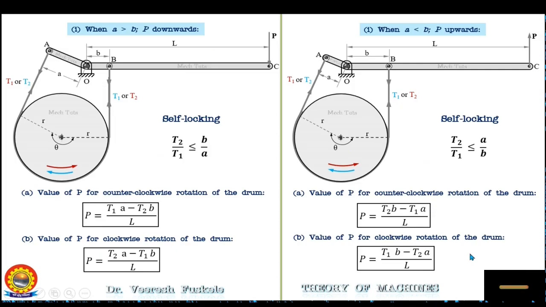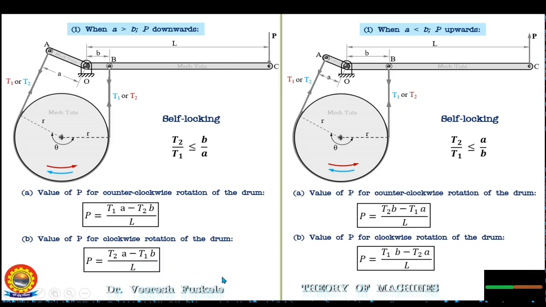The brake is said to be more effective when maximum braking force is applied with the least effort P. For case 1, when A is greater than B and P is applied in the downward direction, the effort P required is less when the rotation is clockwise, assuming that the brake is effective.